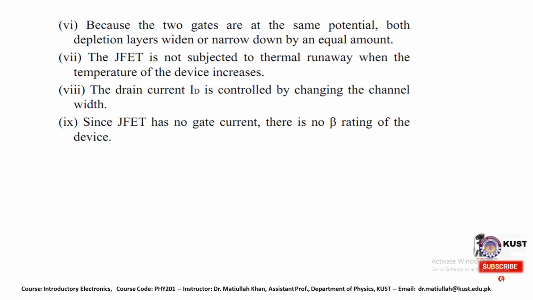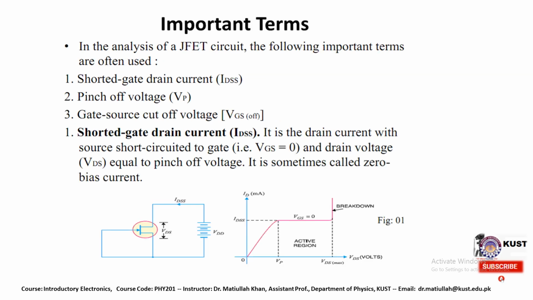Also, the junction field effect transistor is not subjected to thermal runaway when the temperature of the device increases. The drain current is controlled by changing the channel width, and these are some of the features of junction field effect transistors.